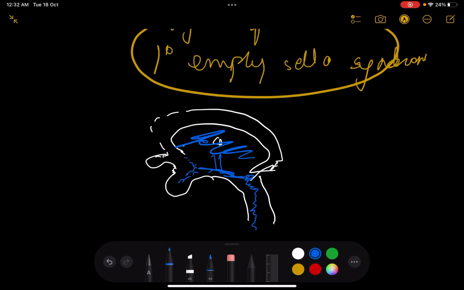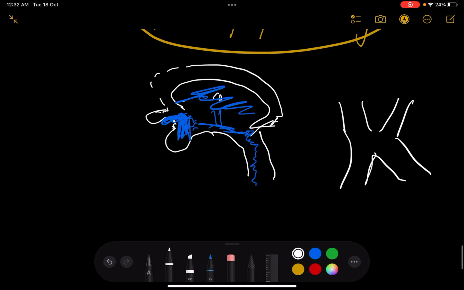Now what happens is that if there is a hydrocele, there's increased pressure. And increased pressure is basically compressing the lateral part of the optic tract. So if I am to draw it in this manner, what happens is that there is a third ventricle that's present very tightly, very closely around the optic tract, very close.